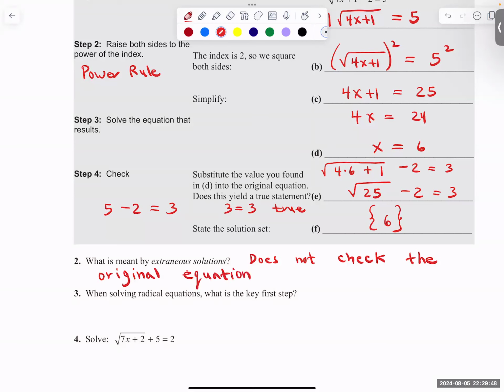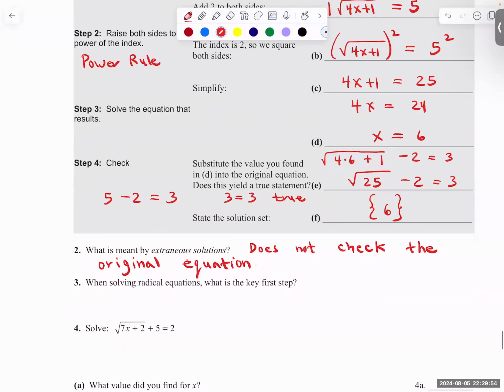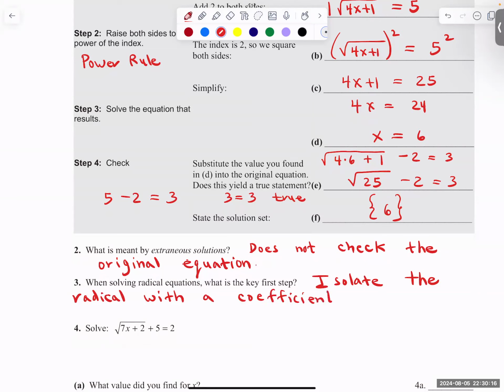Number 3, when solving radical equations, the key first step is to isolate the radical with a coefficient of 1, with a coefficient of positive 1.